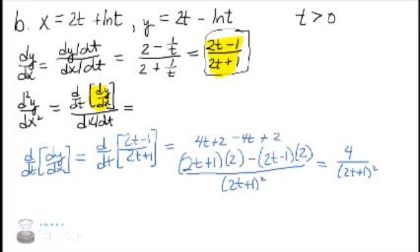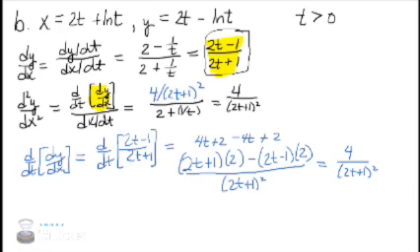All right, so we're going to write 4 over (2t plus 1) squared up here. And then in our denominator, we have dx/dt, which we found before was 2 plus 1 over t. So we have a bit of simplifying to do there. This is 4 over (2t plus 1) squared, and I'm going to think of 2 plus 1 over t as (2t plus 1) all over t.